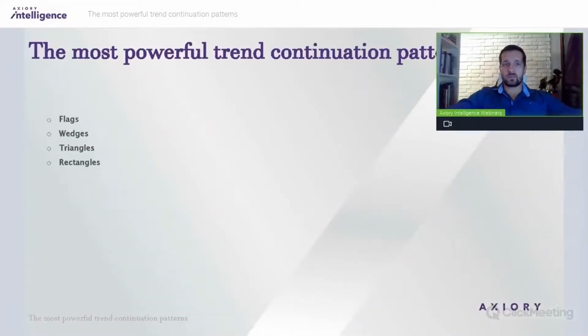And today we're going to focus on trend continuation patterns because it is always more probable that the trend will be continued, right? So trend reverses only once. We will be talking about trend reversal patterns on our next webinar, but in general, trends like to be continued. So this is the power of the trend continuation patterns, that you see them and they promote the movement which is more probable.